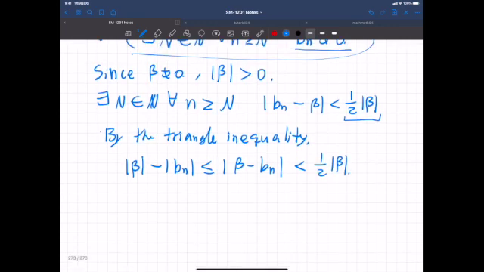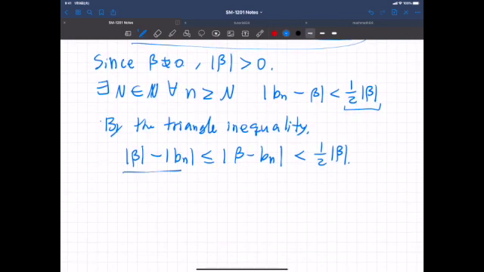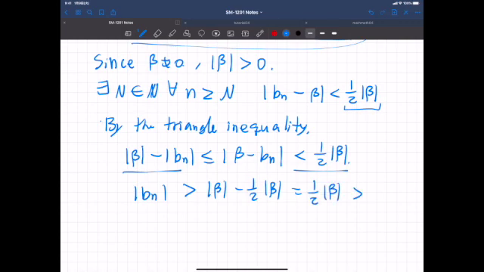So looking at this and this, we have |bn| greater than beta minus half beta, which is half |beta|, which is positive. So this means for any natural number greater than a certain value, bn is non-zero.